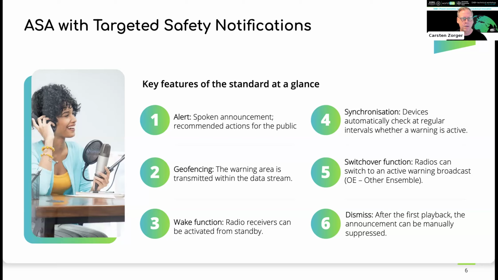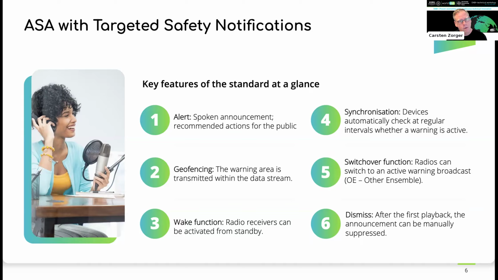We have synchronization, which means that the radio every minute looks, is there any message coming or isn't? Because it saves battery power. We don't keep them online all the time. They just seek for messages a few seconds within a minute. We have a switchover function, which is called Other Ensemble Alert.